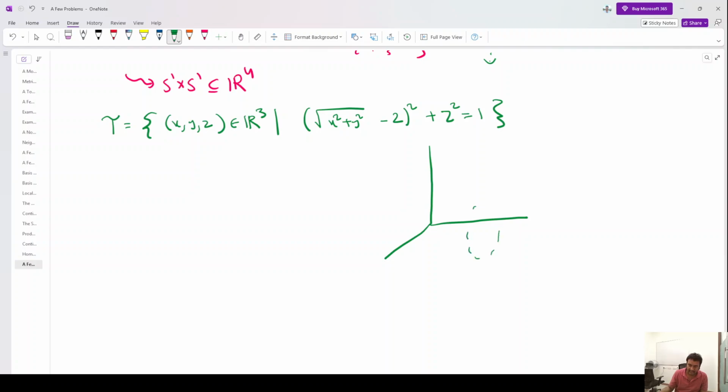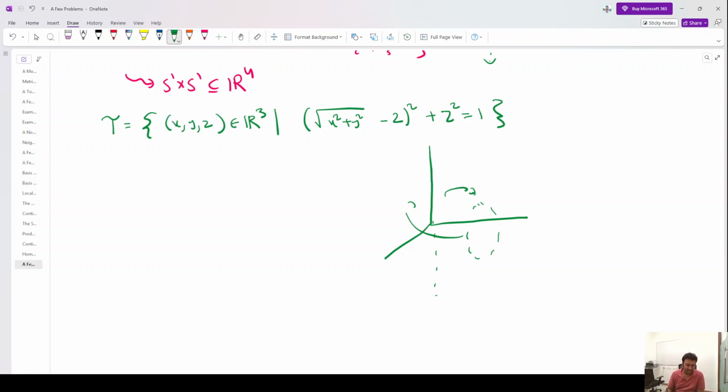You have something like this and you are revolving it around this axis. If you're not clear with it, do one exercise. Put particular values of Z, from wherever to wherever it can be. You will realize that this gives you nothing but a torus. I'm not going into too much detail on how this happens.